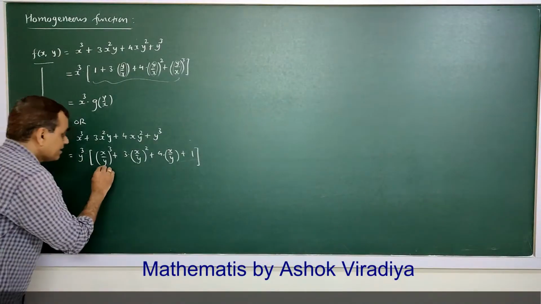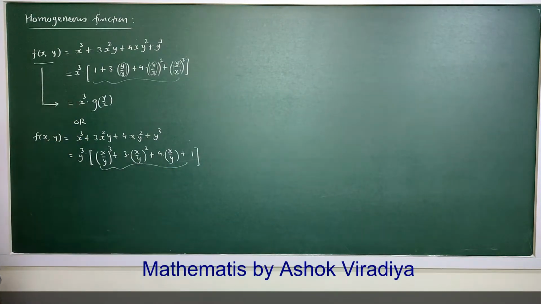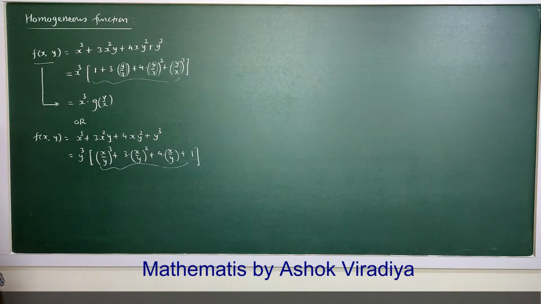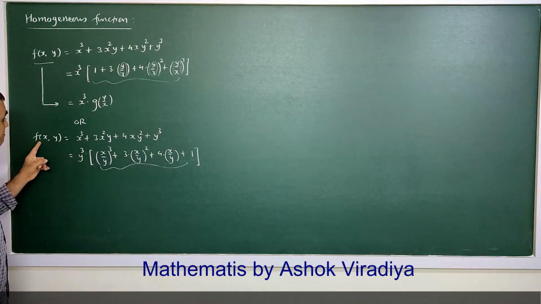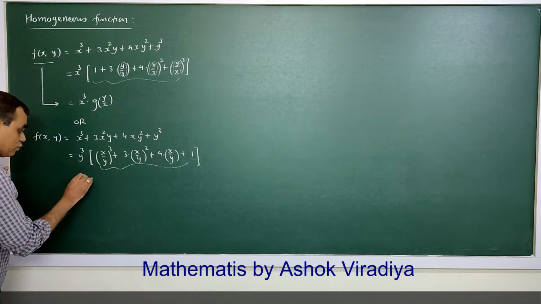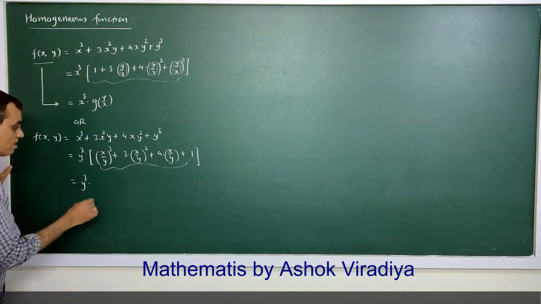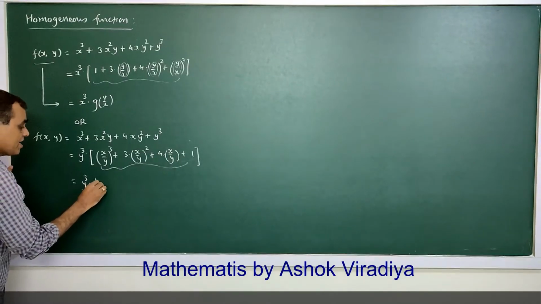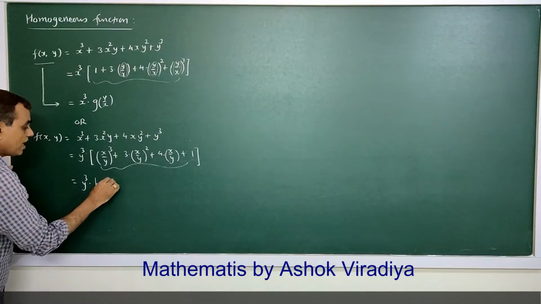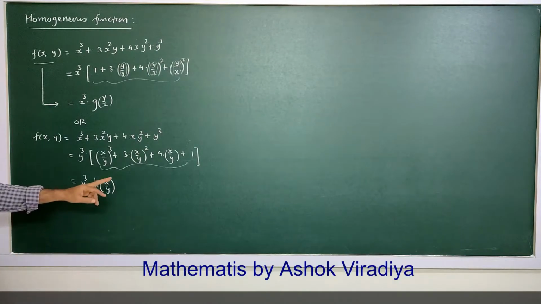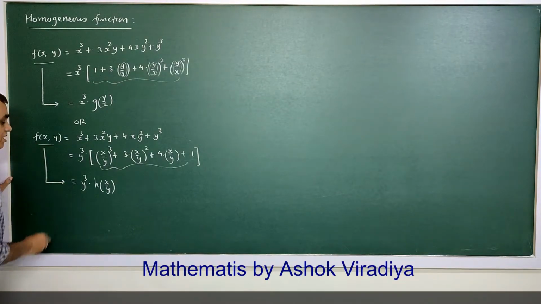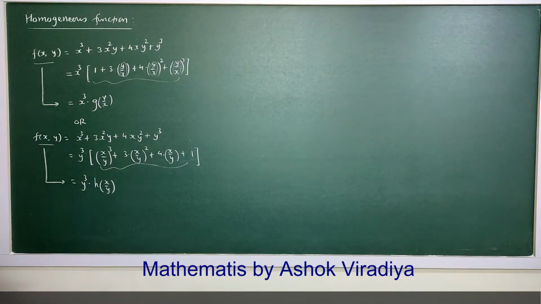So now what is it? It is a function of x by y. So this f of xy is expressed as y cube into h of x by y, a function in x by y.